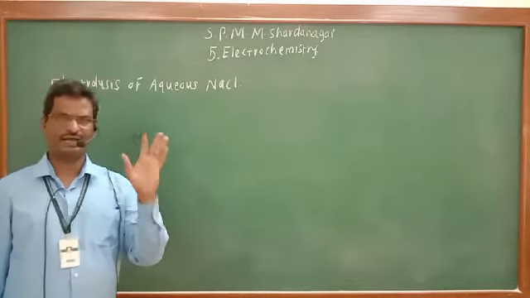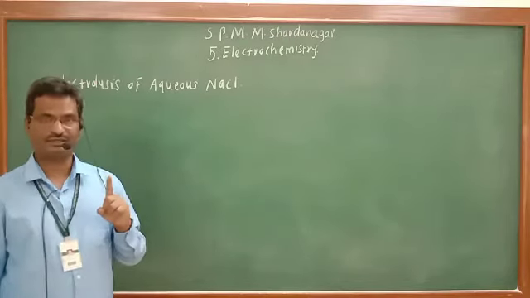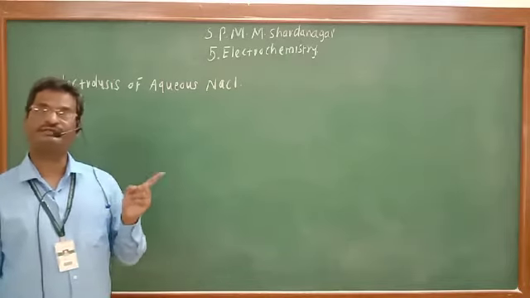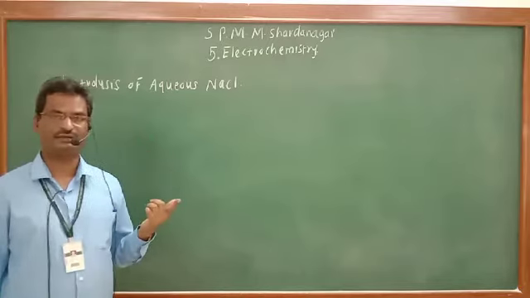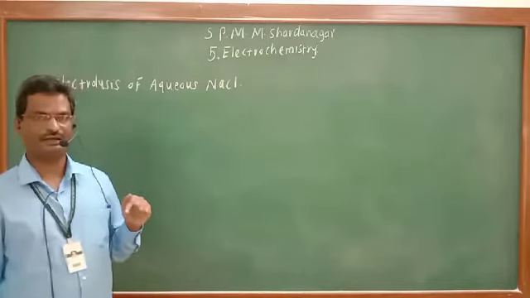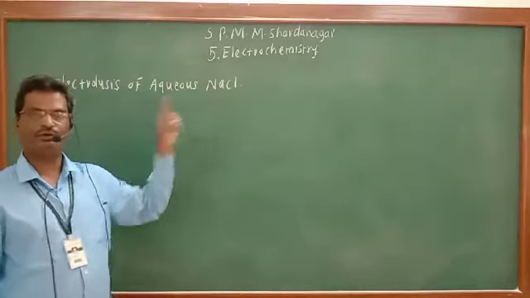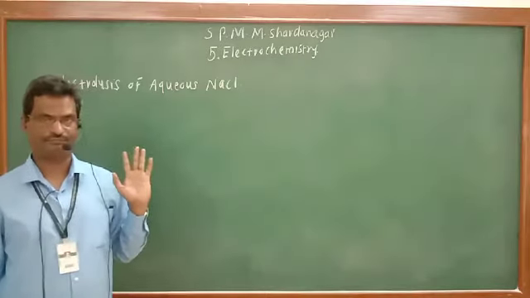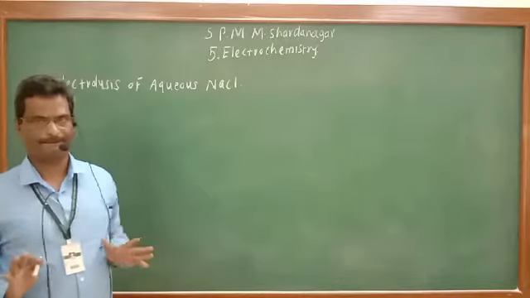Working is just slightly different from each other. The construction of the cell for electrolysis of molten NaCl, which we have seen in the last lecture, and the construction of the cell for electrolysis of aqueous NaCl we are studying here is almost the same. Just the working is slightly different.